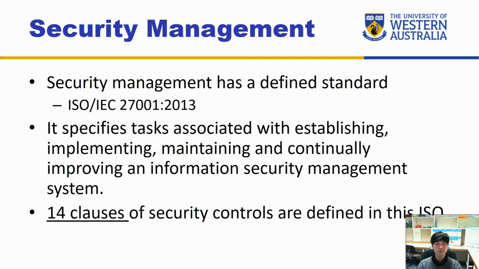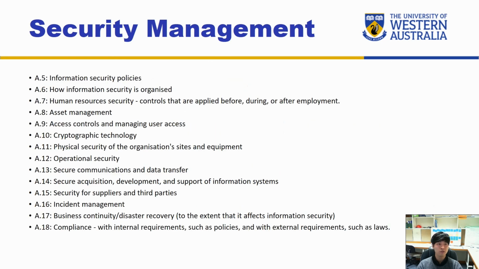There are 14 clauses of security controls defined in this ISO. It looks like this, starting from A5 to A18, from information security policies all the way down to compliance. All of these things need to be implemented in order to get the ISO security certificate.